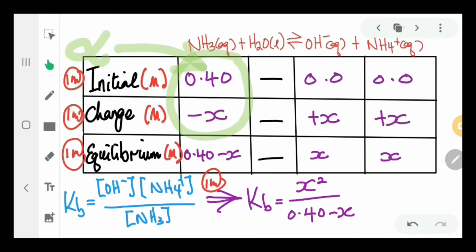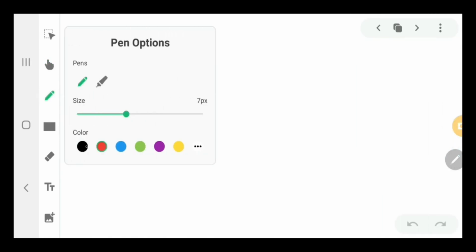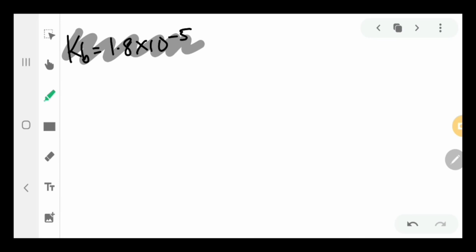So the KB value is 1.8 times 10 to the power of negative 5. This is given to you in the question.